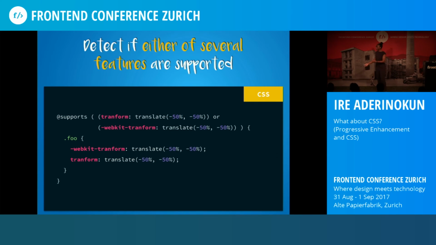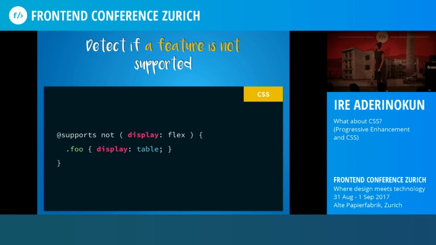We can also do either or, and this is great for when you're using vendor prefixes. You want to test if the unprefixed or the prefixed version is available before you use them. And finally, we can also detect if a feature is not supported at all. A good way to do a fallback would be to say if Flexbox is not supported, then you can do the table layout.